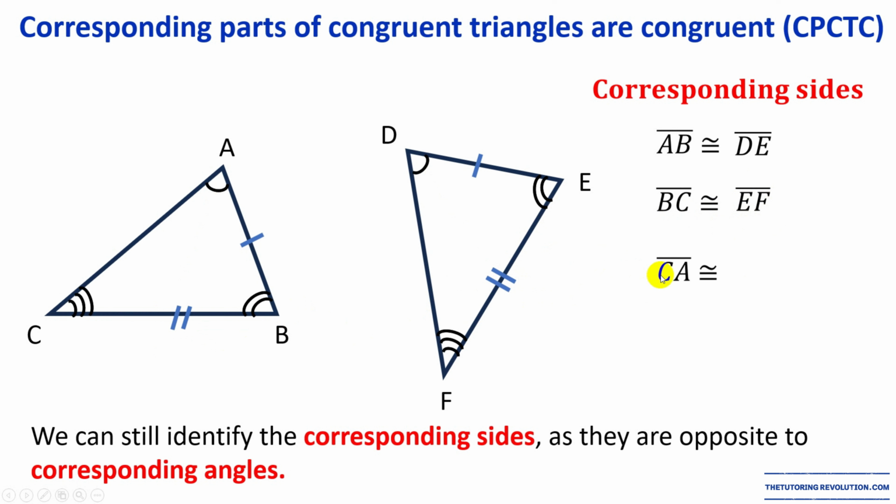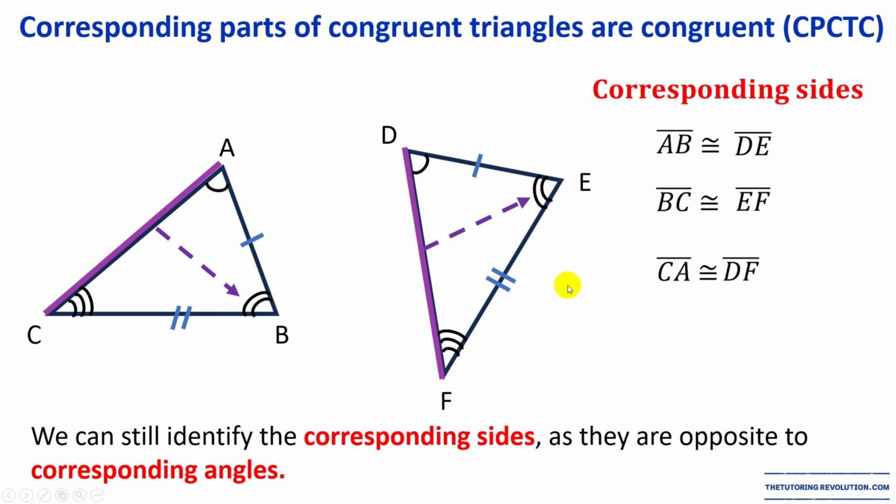Finally, side CA, which is this side here, is opposite to angle B, which has 2 arc marks. So in the other triangle, in the congruent triangle, we identify the angle with 2 arc marks, which is angle E, and we notice that the opposite side is DF.